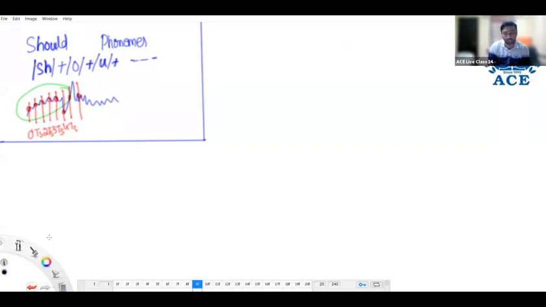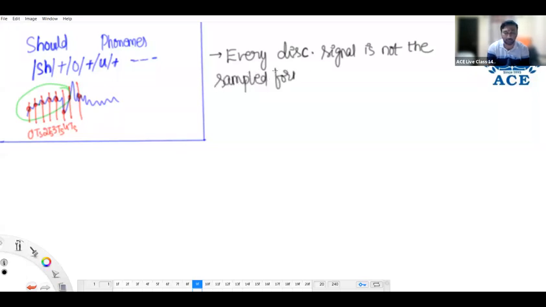And one more observation is, every discrete signal is not the sampled form of a continuous signal.